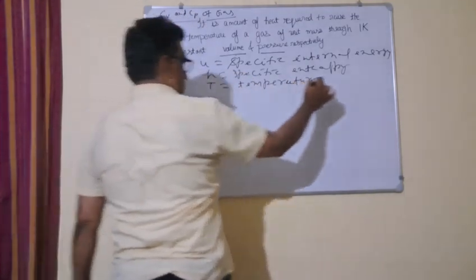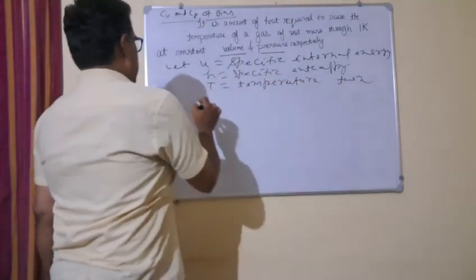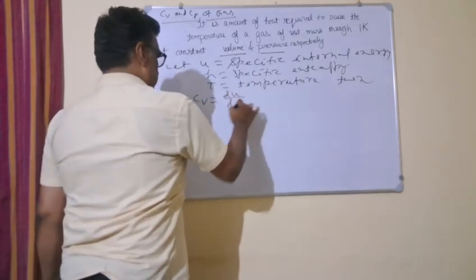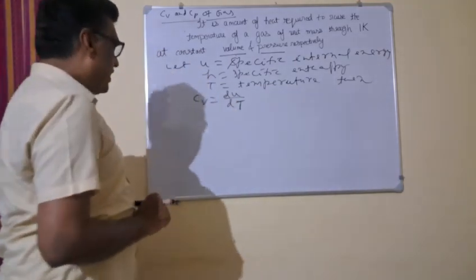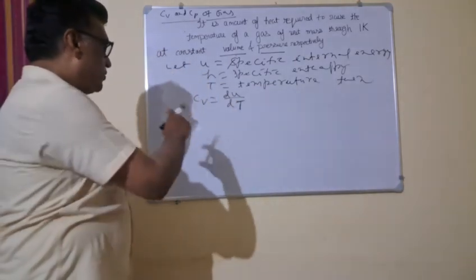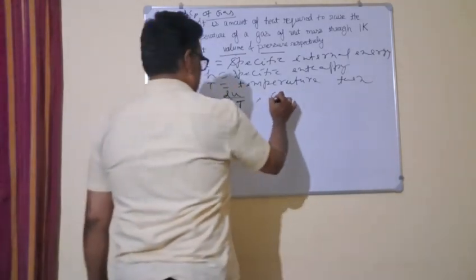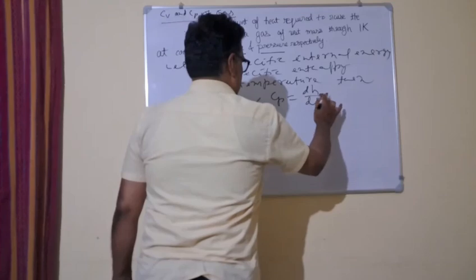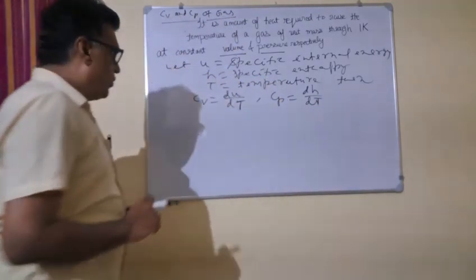Then in differentiation form, Cv equal to du by dt, means differentiation of u with respect to t. And Cp का डिफरेंशिएशन क्या होगा? dh upon dt, means differentiation of h with respect to t.